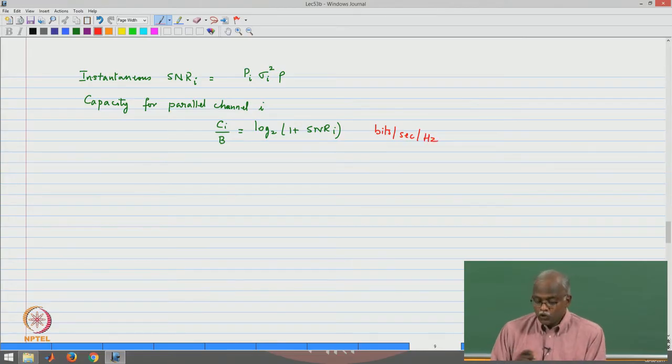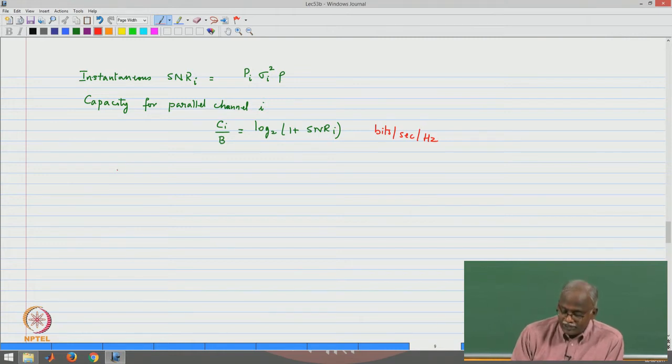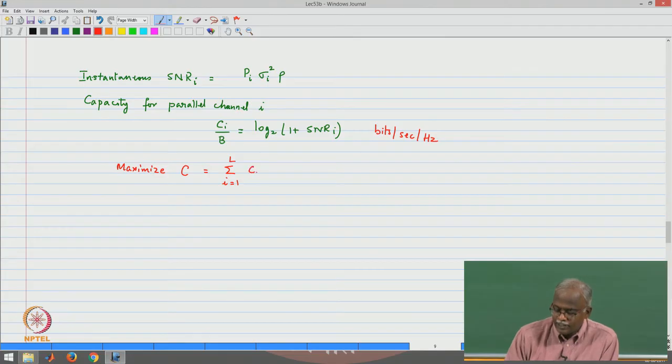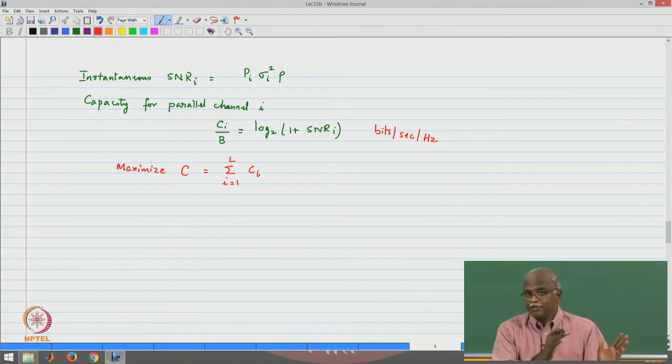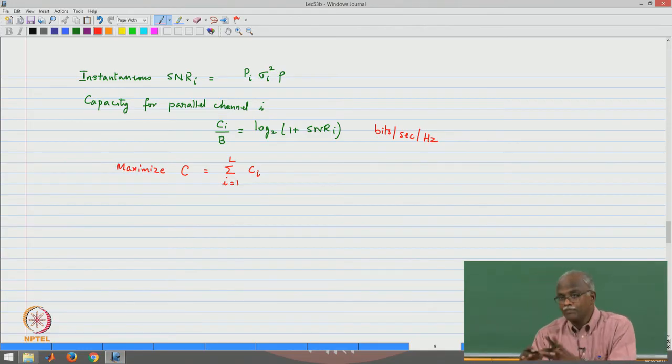Okay. So, now our goal is to maximize the total capacity of the system, which would mean maximize capacity C, where C is the sum of the individual capacities of the L parallel channels. We have NT transmit antennas, NT receive antennas.